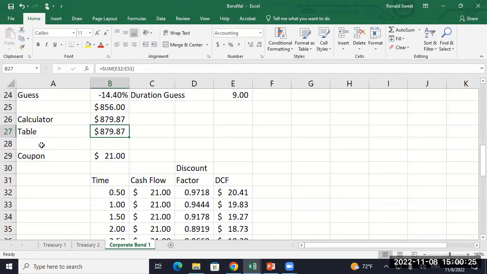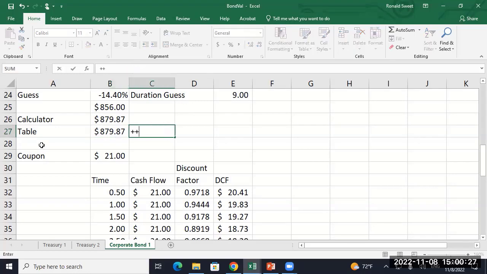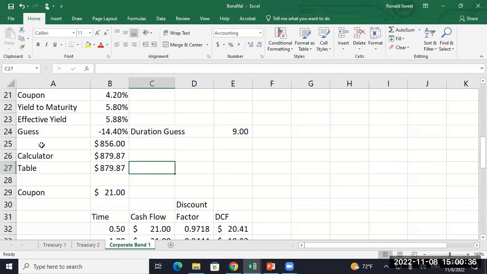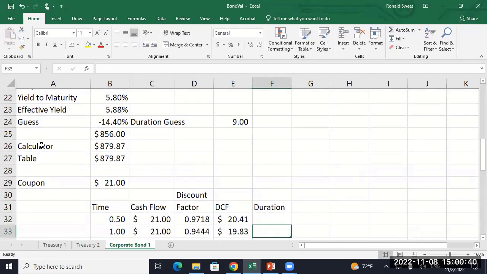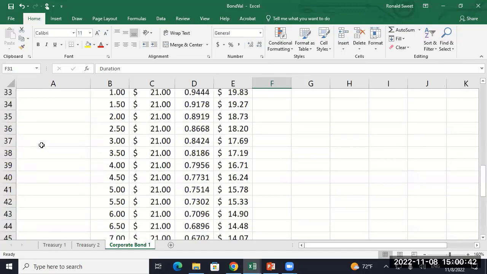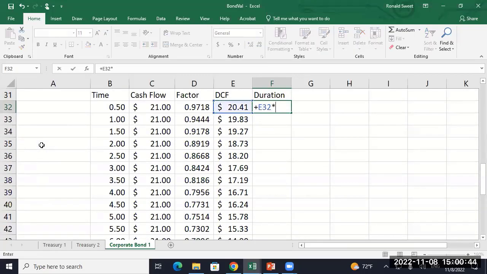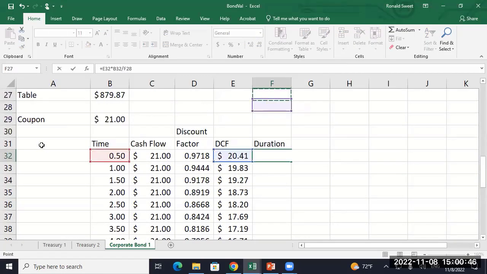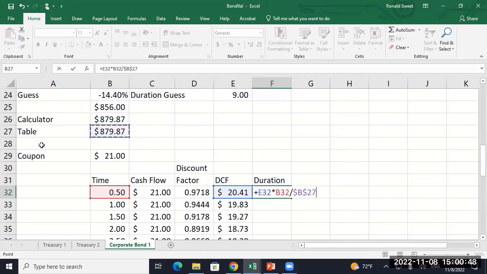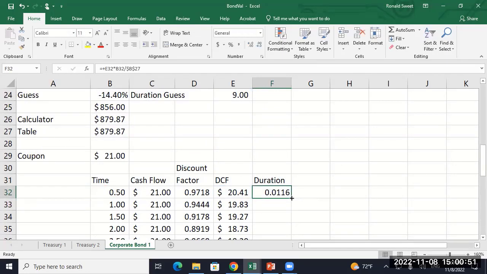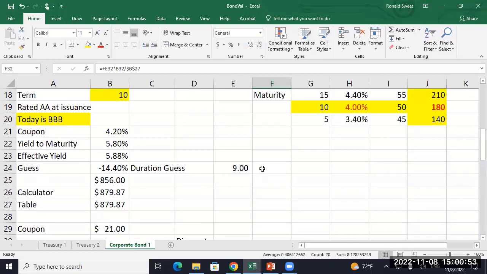Close, isn't it? Let's see if Bill Gates thinks it's close. Yeah, exactly on. And you need to have that while we're rounding this. I'm going to calculate duration just for the fun of it. See how far off I was.